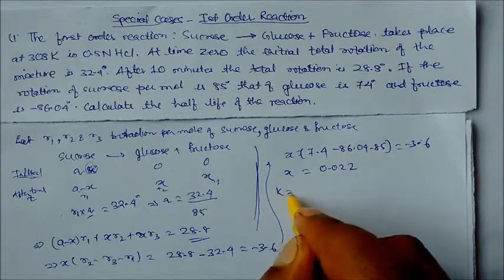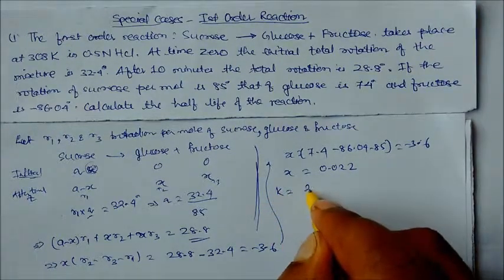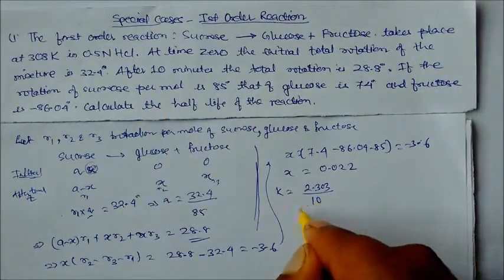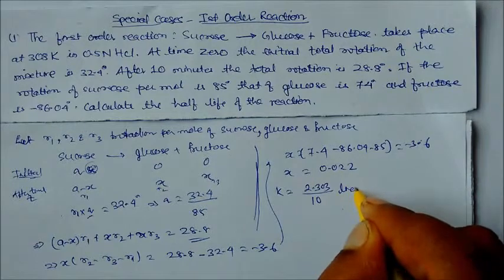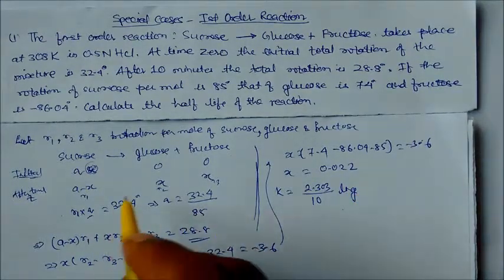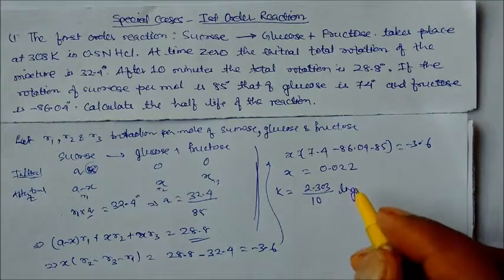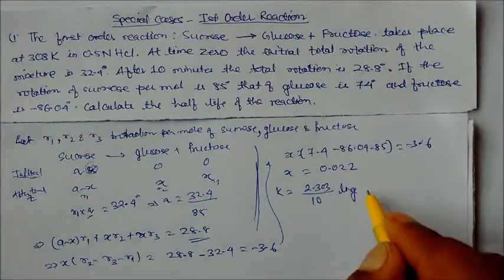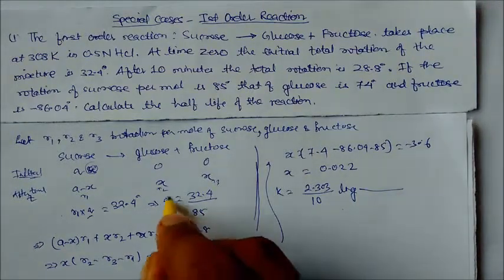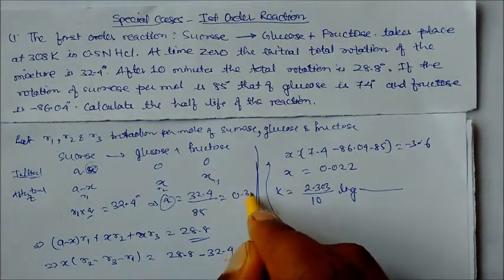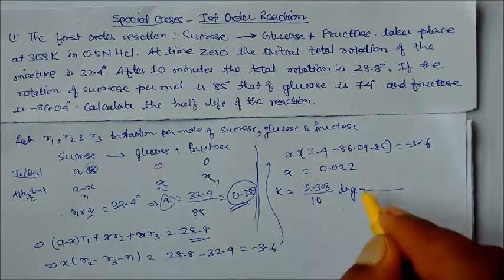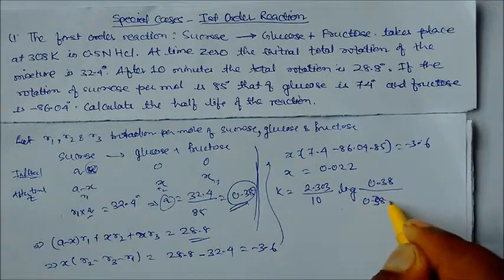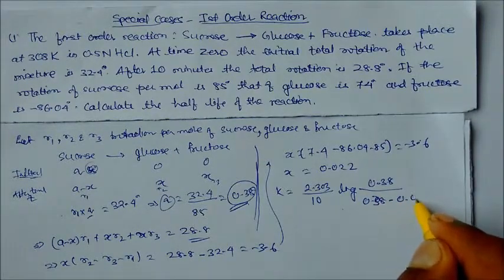So now we can use the formula for the first order reaction, 2.303 over time, and here time is 10 minutes, log of initial concentration, which is 0.38, over 0.38 minus 0.022.